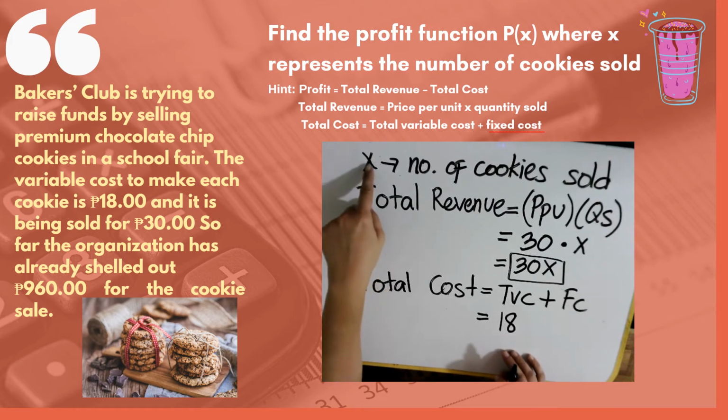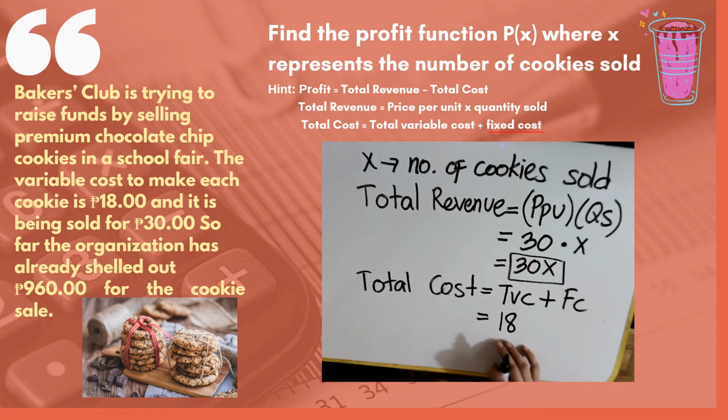And that is X. X is the number of cookies sold. So, ita-times natin yan kay X. So, 18X. So, 18 pesos ang puhunan kada cookies times kung ilan man yung naibentang cookies, yun yung total na puhunan.